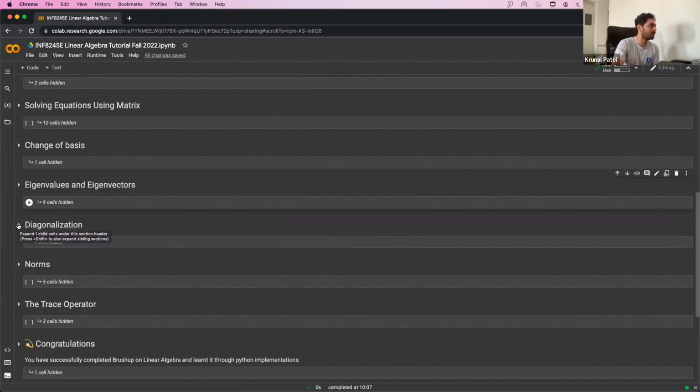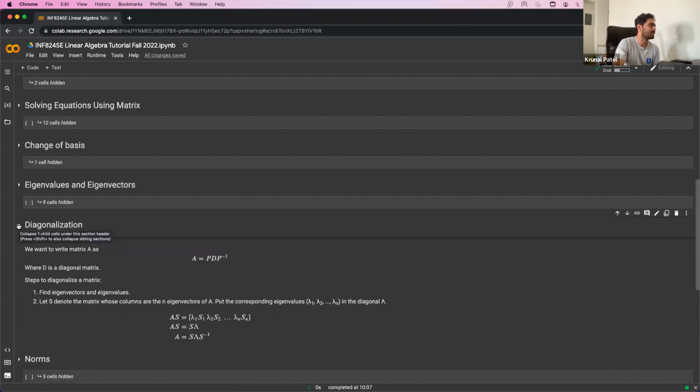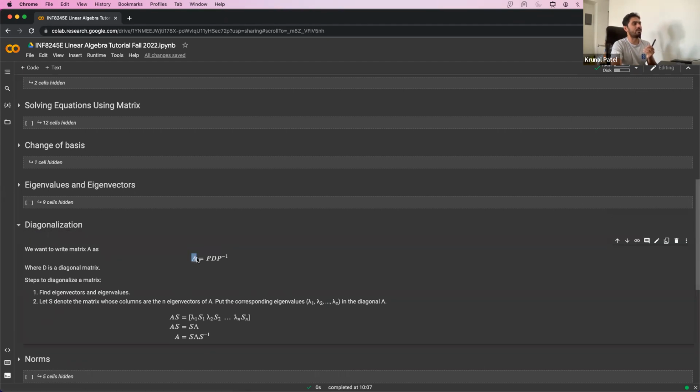So when we talk about something called diagonalization, what exactly is diagonalization? Sometimes we want to transform a matrix A into some product, where D is what you call a diagonal matrix, where you have only the diagonal entries.